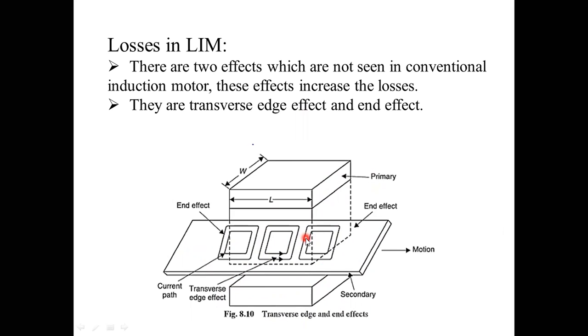Here, the portion of the current in the secondary which has a parallel path to the direction of the motion makes no contribution towards the production of thrust, and this current produces some losses.